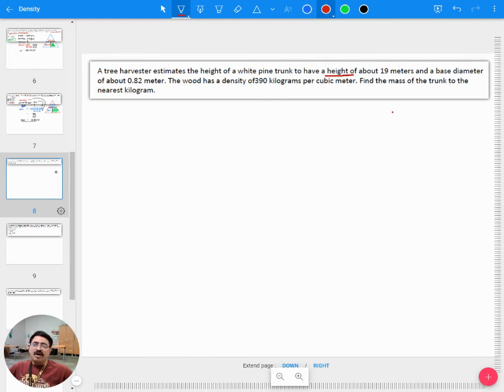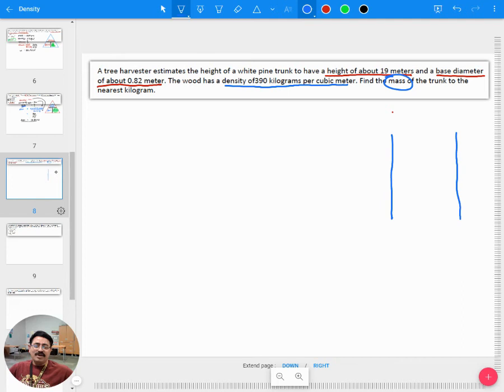The height of the trunk is 19 meters, the base diameter is about 0.82 meters, and the wood has a density of 390 kilograms per cubic meter. You are asked to find the mass. I'm not a good artist, but let me try to draw the trunk shape.